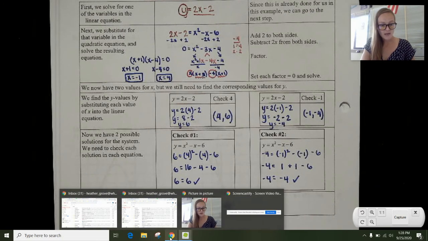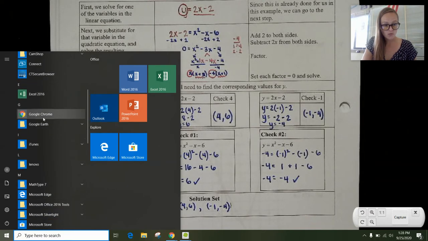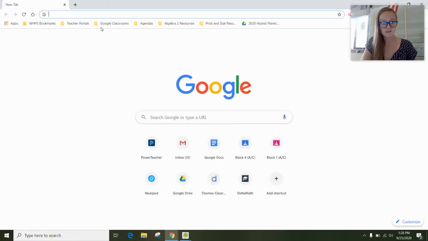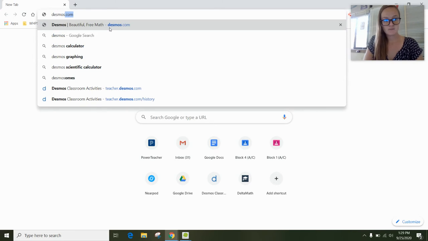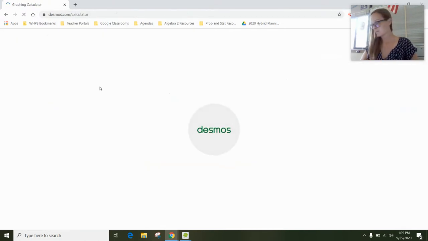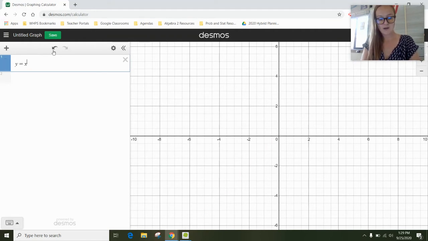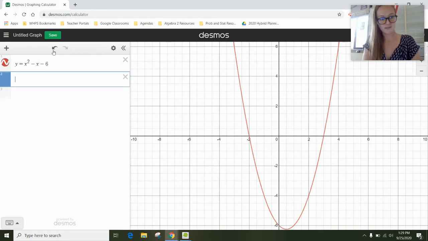So I'm going to go ahead and open up Desmos and show you why this makes sense. So my equations were y equals x squared minus x minus 6 and y equals 2x minus 2.